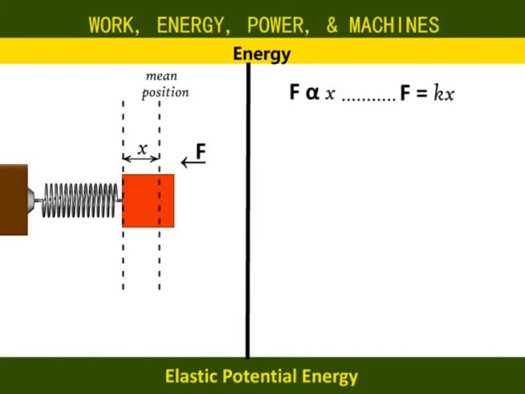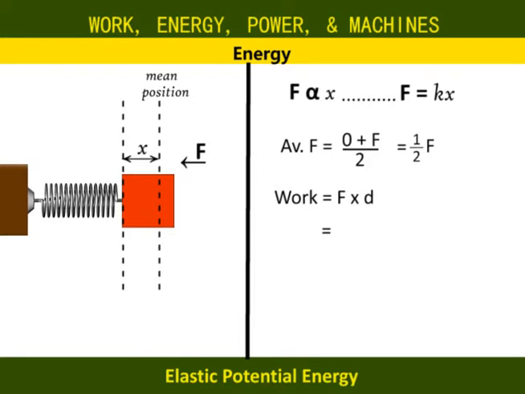When the spring is stretched or compressed, the spring force or the restoring force increases from 0 to a maximum F, meaning that the average force is equal to (0 plus F) over 2, giving us F over 2, or simply a half F. We know that work done is equal to force times distance. In this case, distance is the extension x.